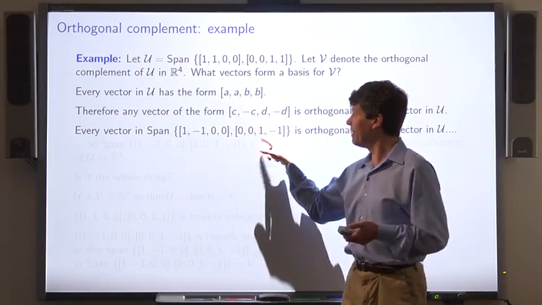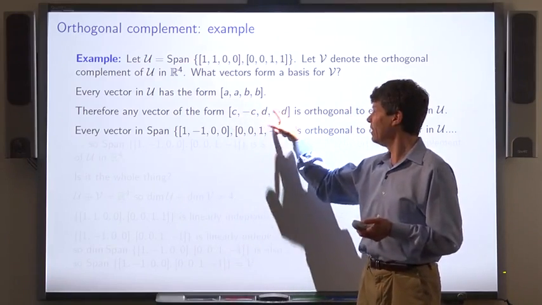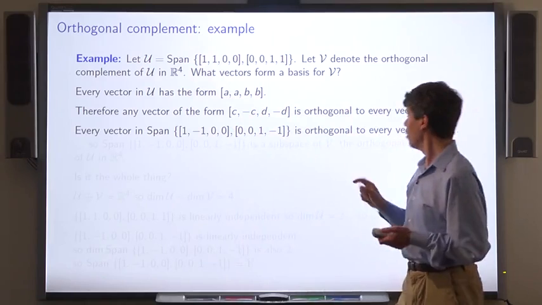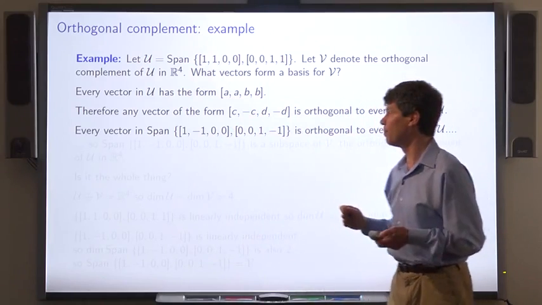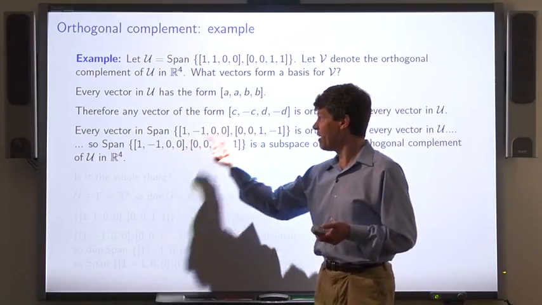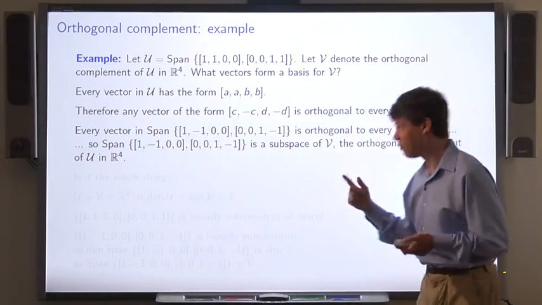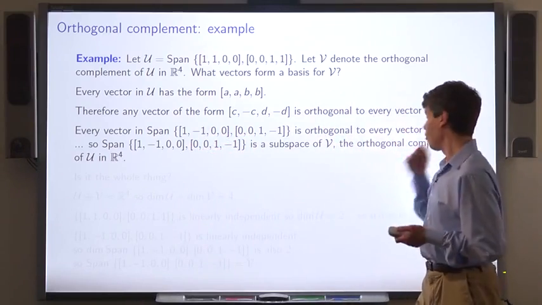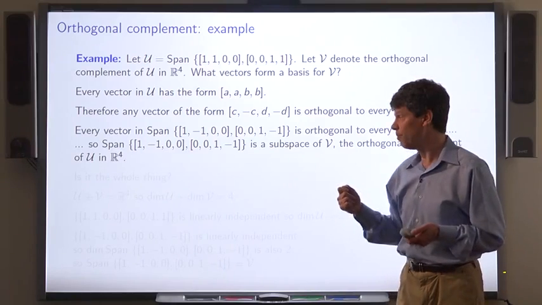Every vector in this space has this form, c, minus c, d, minus d, so is orthogonal to every vector in big U. So we know at least that the span of these two vectors is a subspace of big V, the orthogonal complement of big U.